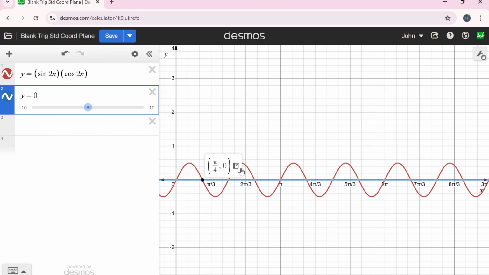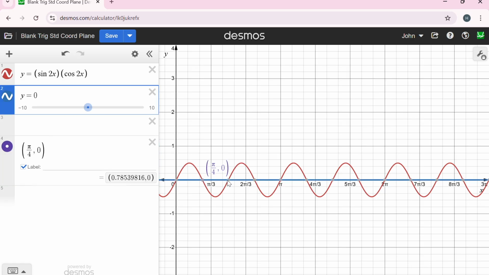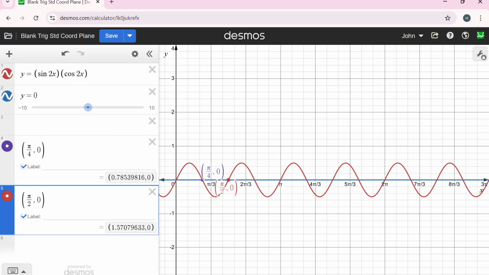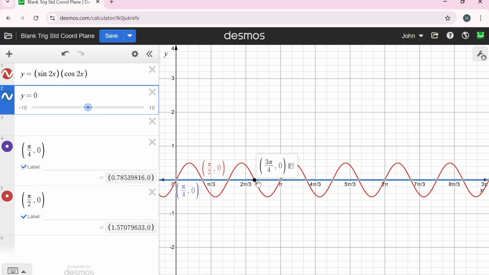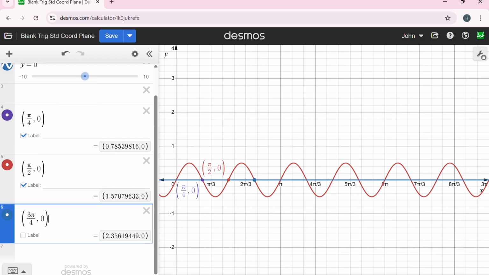So the next one over, that's pi over 4. Pi over 2. Three pi over 4.